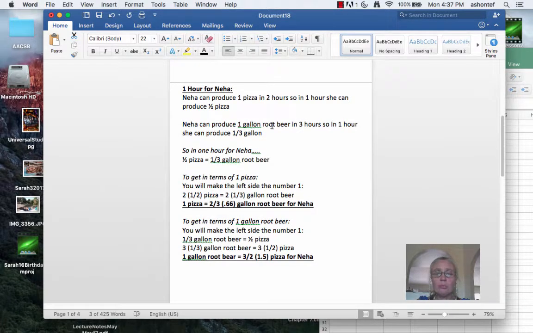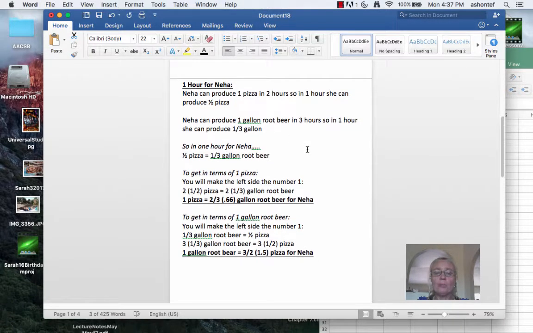Naya can also produce 1 gallon of root beer in 3 hours. So if we put that in an increment of 1 hour, for every hour she's producing a third of a gallon. A third in the first hour, a third in the second, and a third in the third hour gives you 1. So in 1 hour, she can produce a third of a gallon.